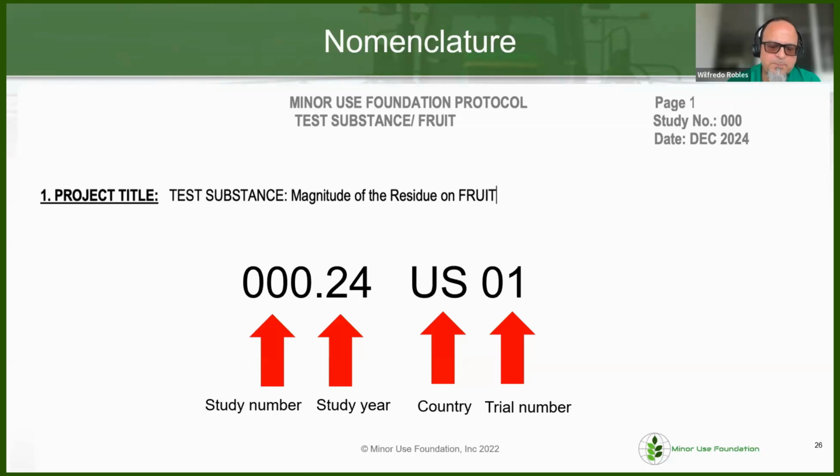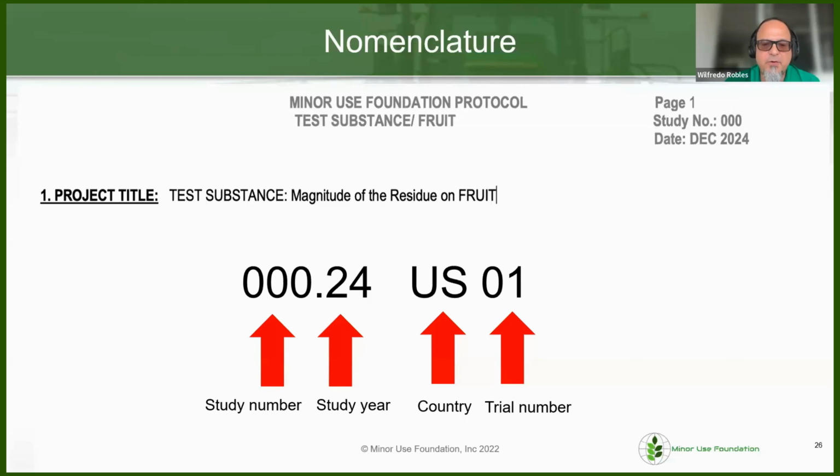The first three numbers are related to the study number. In this case, 000. Then it's the 24, which means it's the study year. That way, everyone related to this protocol will know when the protocol was signed and when it's expected to be conducted.